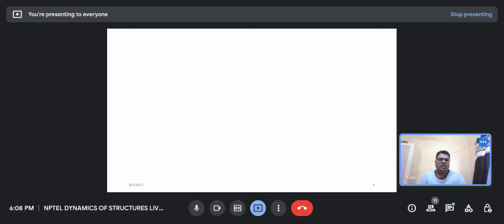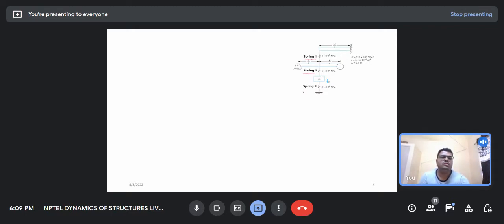First, let me define the first spring as spring 1, at the top above the simply supported beam, spring 2 above the mass block, and the bottom one is spring 3. So can you tell me about spring 1 and the cantilever beam?